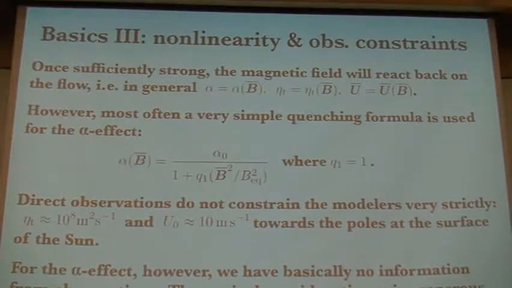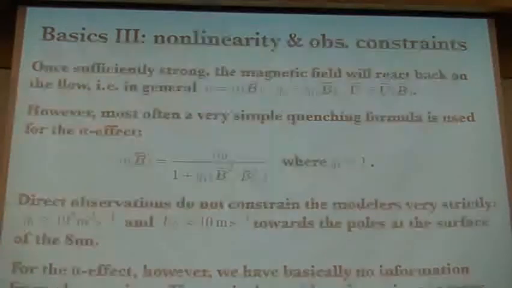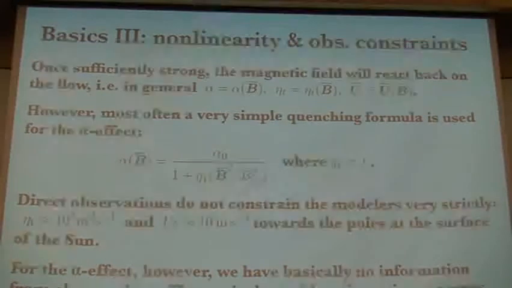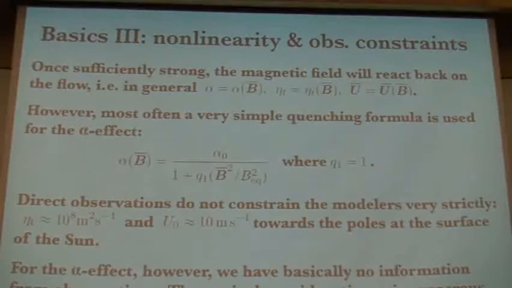And do we have any observational constraints on all of these parameters? Well, not very much, especially for these turbulent quantities. We don't really know very much. We know that on the surface of the Sun, we can estimate the turbulent diffusion to be something like 10 to the 8 meters squared per second.